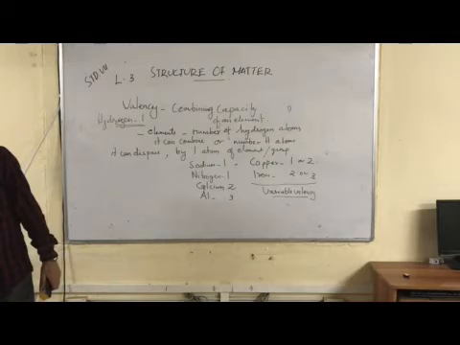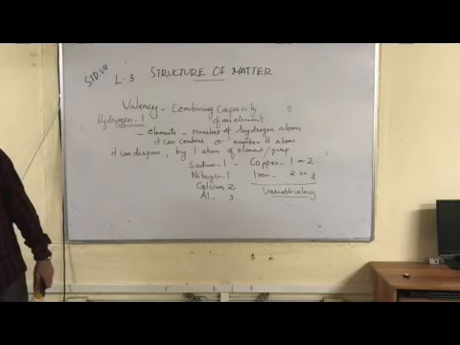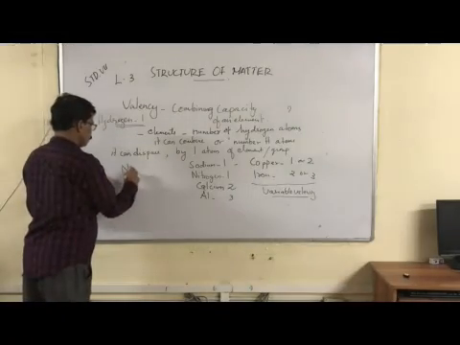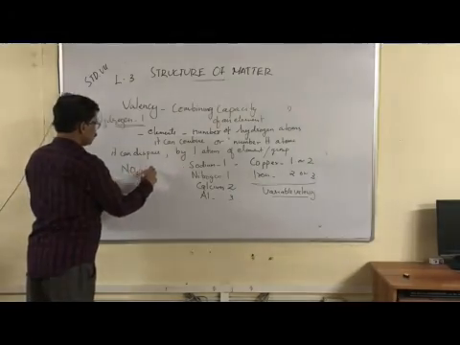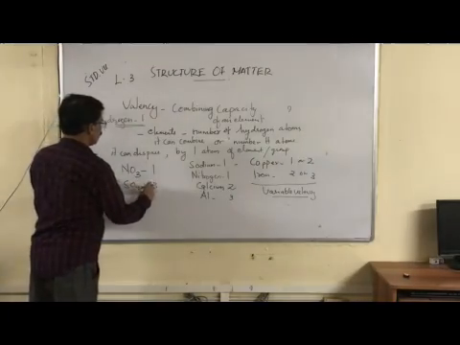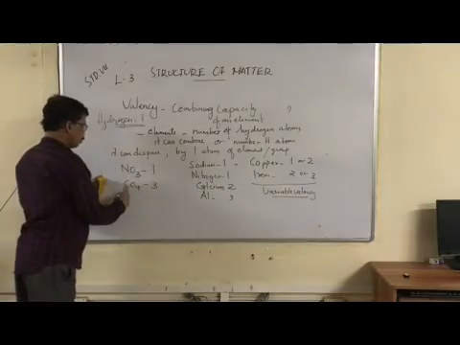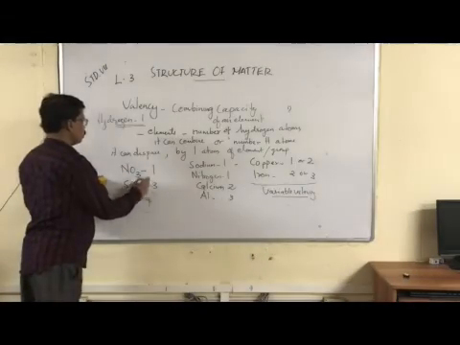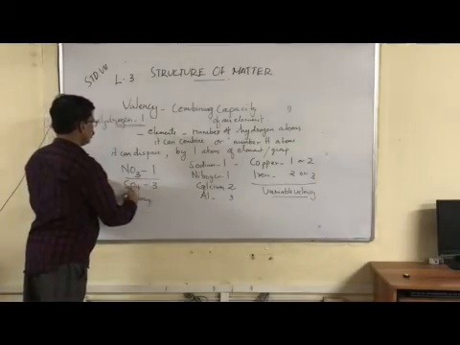Even groups also have different valencies. For example, nitrate is a group and has one valency. Sulfate has 2 valency. These are also groups. Groups also have fixed valency.